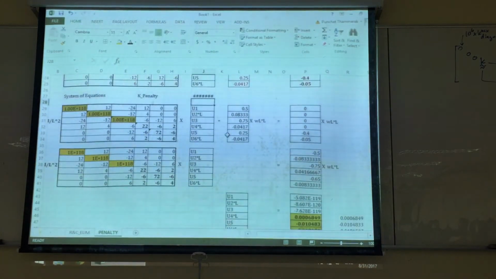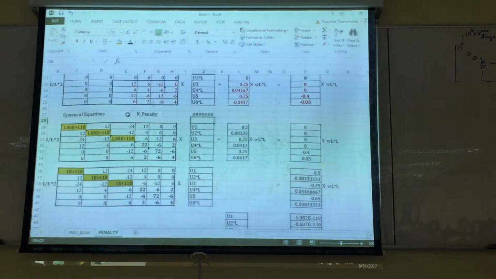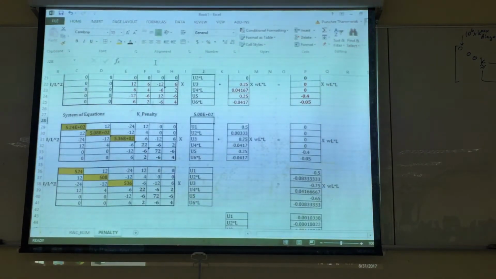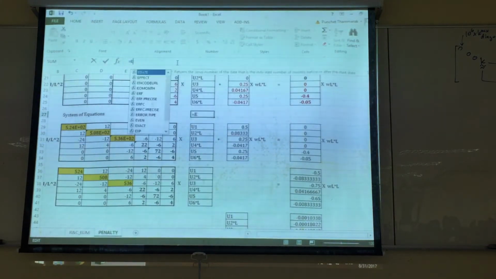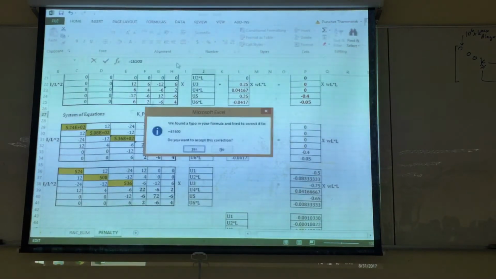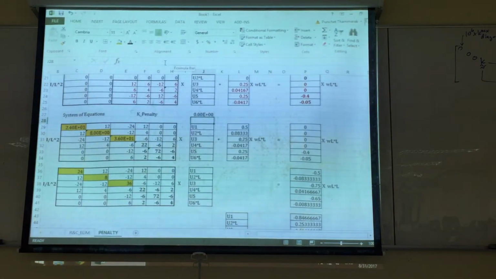Still work. It doesn't accept 500. One E 500. Okay, fine, I can do it.